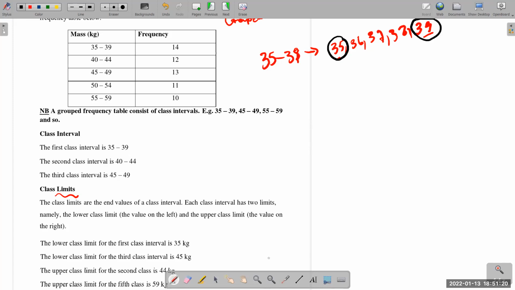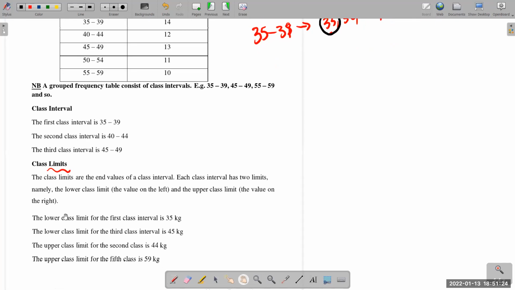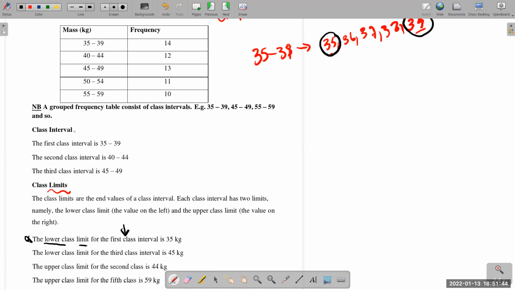And as we see here, there is something called the upper limit and the lower limit. If we ask for the lower class limit of the first class, which row are we looking at? We're looking at the first row, right? Because we're looking at the first interval.